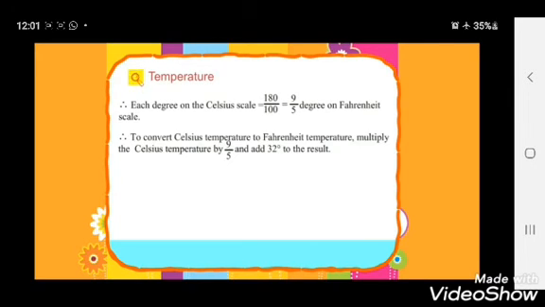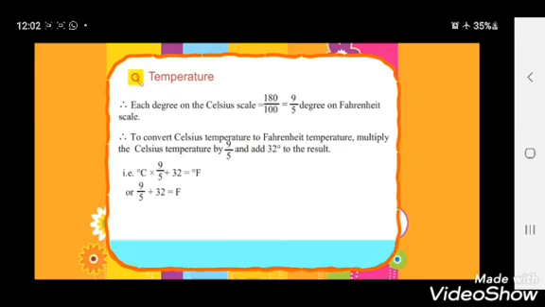Therefore, to convert Celsius temperature to Fahrenheit temperature, multiply the Celsius temperature by 9 upon 5 and add 32 degrees to the result. That is, degrees Celsius into 9 upon 5 plus 32 equals degrees Fahrenheit.